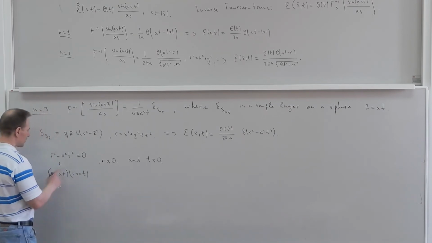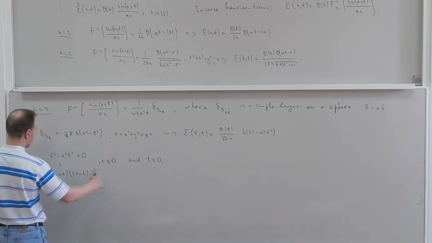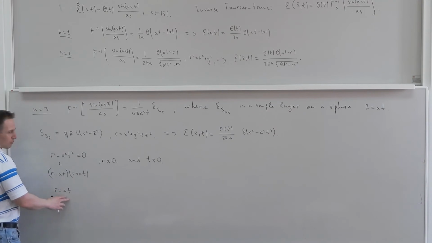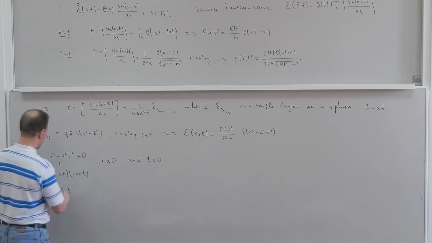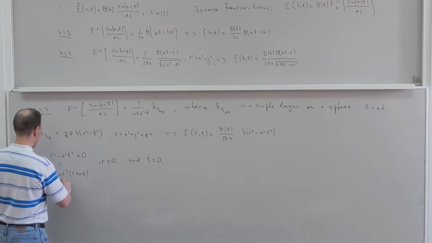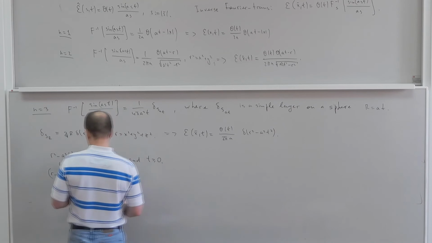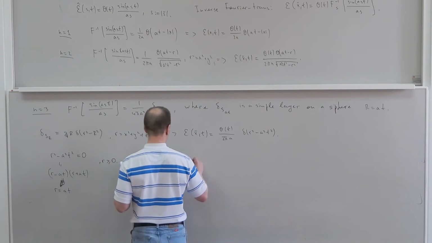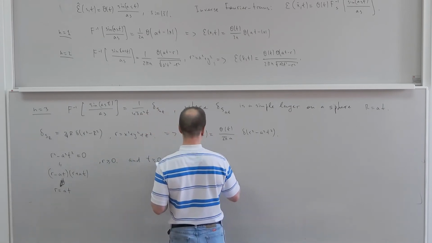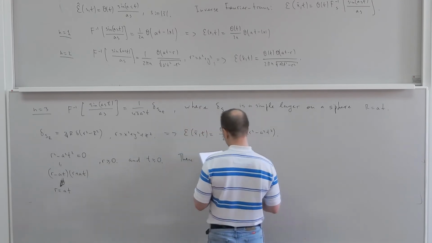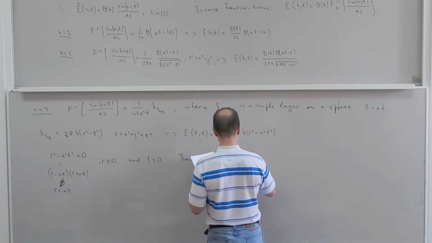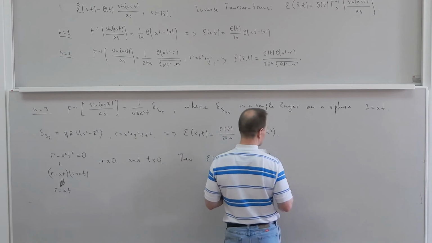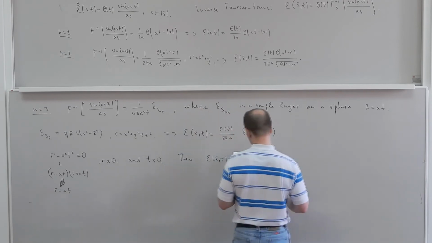Thus, we see that the only solution satisfying these requirements is R equal to a times t. Then we can rewrite this expression by using the formula for the delta function of complex argument.